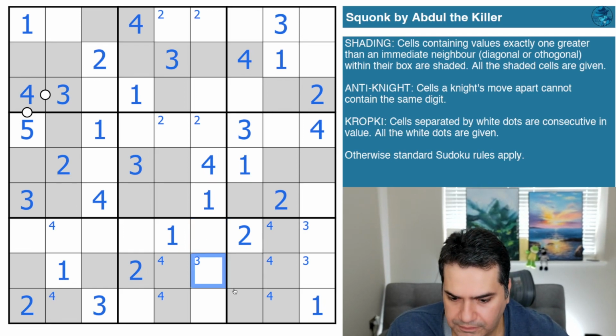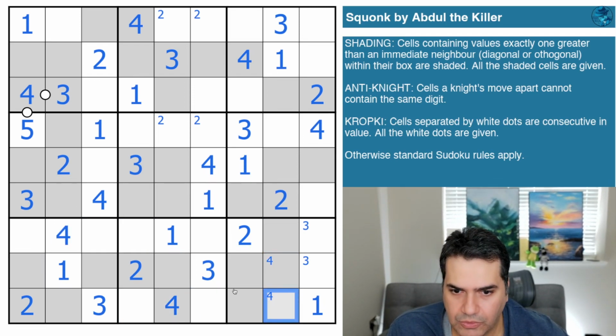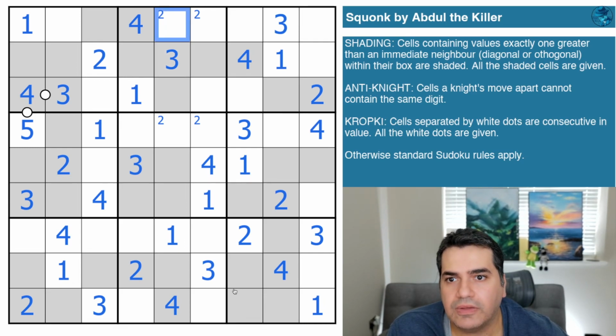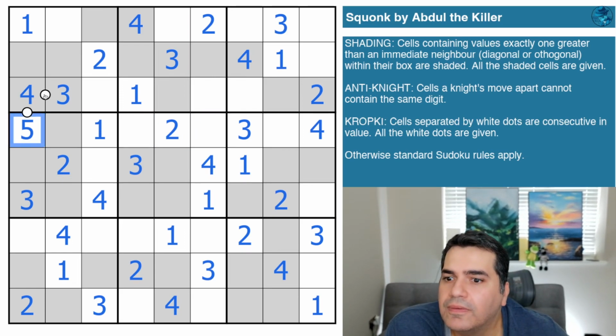That's a 3. That couldn't be a 4, therefore this is the 4. Not 4, not 4. 4. Can't be a 3, that's the 3. Cross white Kropki dots. Come on, that's 3 is there. That can't be a 2. There we go. Better. Much better.